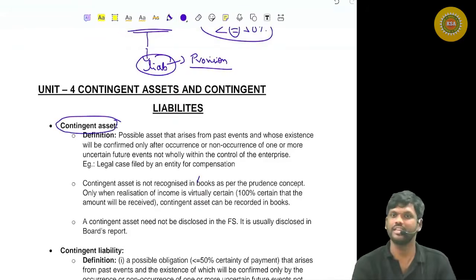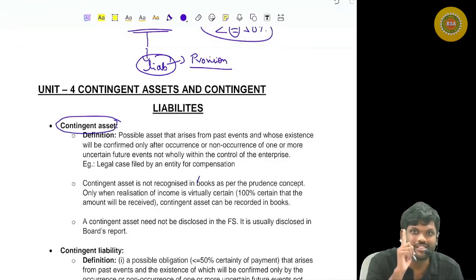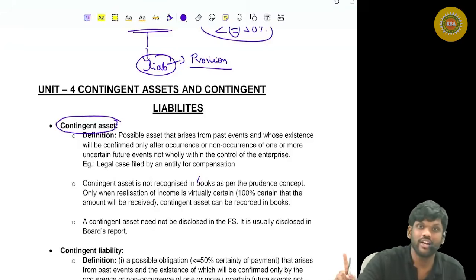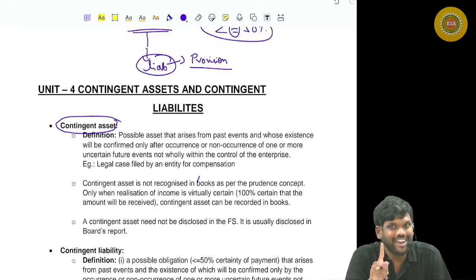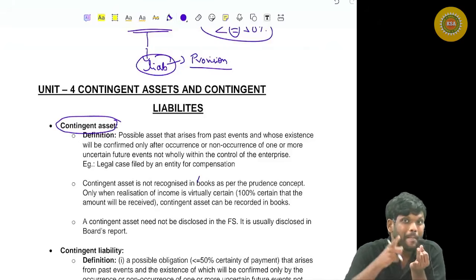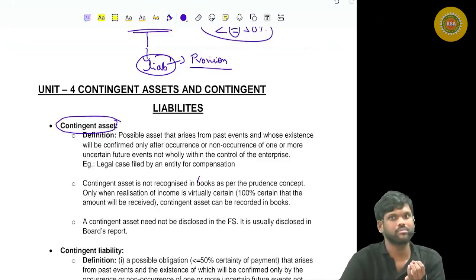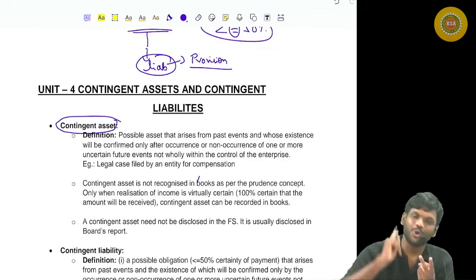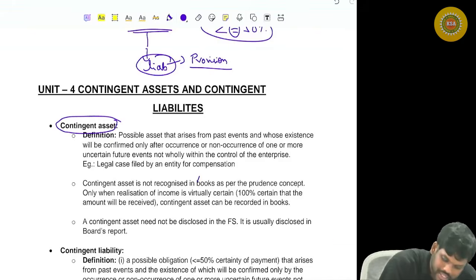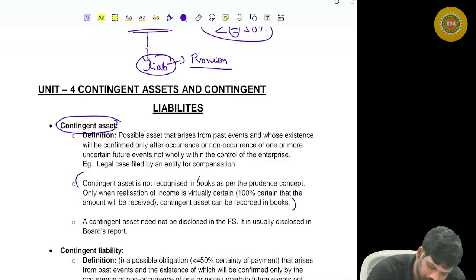Contingent asset: no journal entry, no disclosure also. Please note, for contingent liability no journal entry, but it will be disclosed in the books. For contingent asset, no journal entry, no disclosure also in the books of accounts. This third para point becomes important.